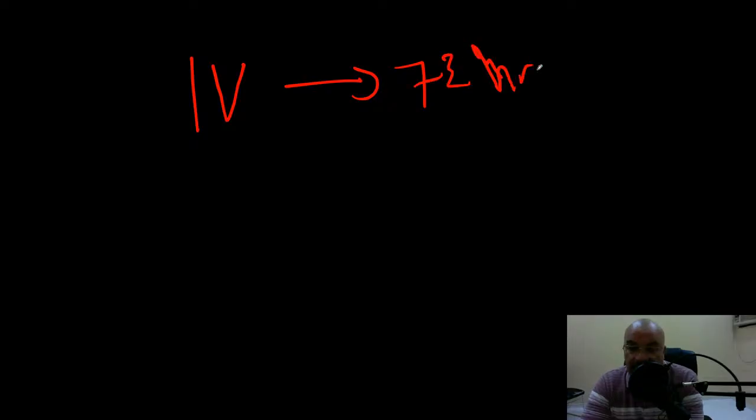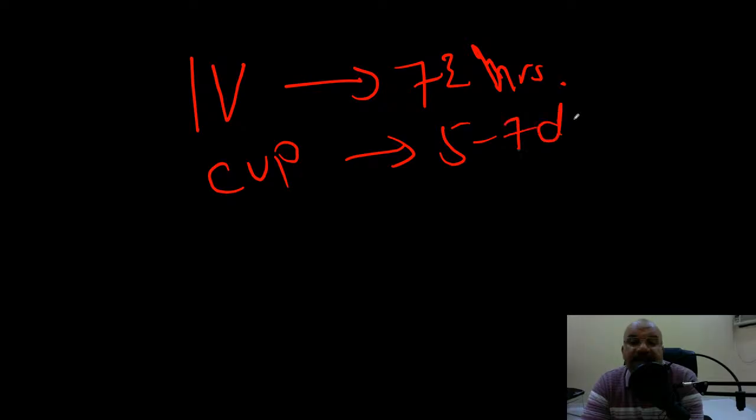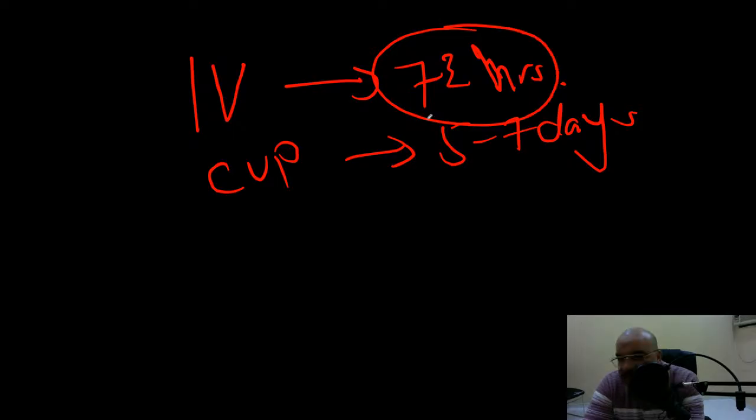How long will you keep the central venous line? They will tell you maybe 5 to 7 days. But based on what do they say 72 hours? What statistics or evidence do they take for keeping the cannula for 72 hours?